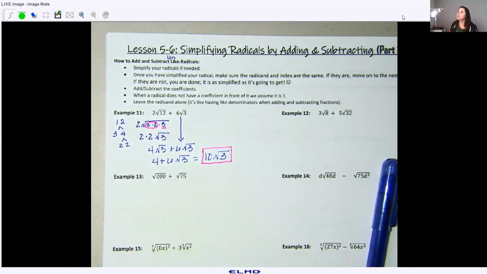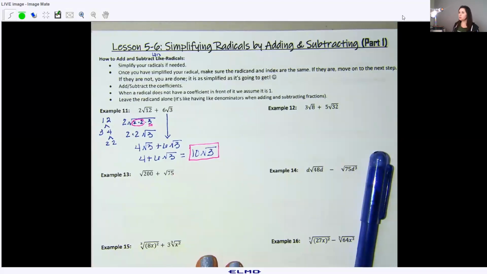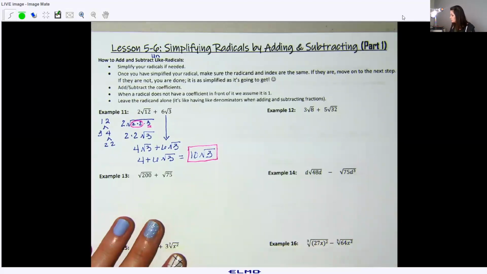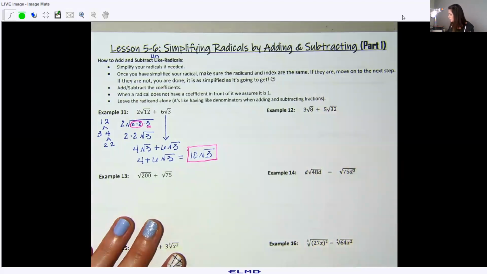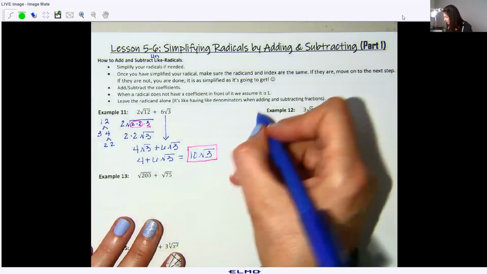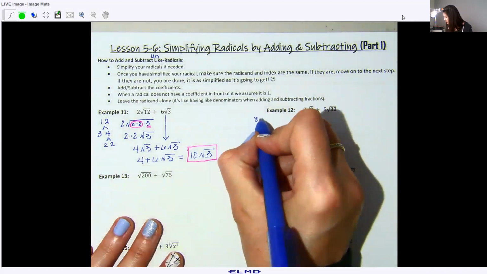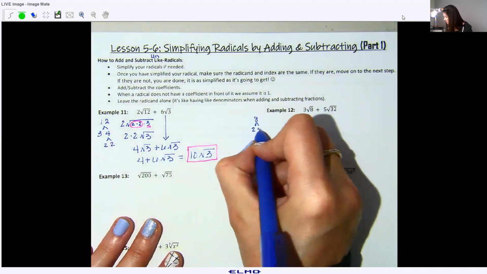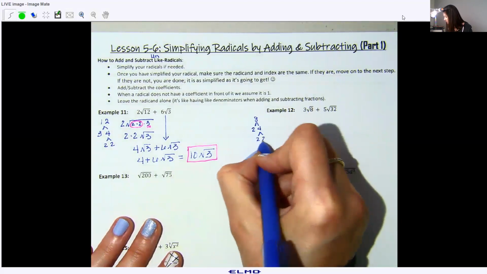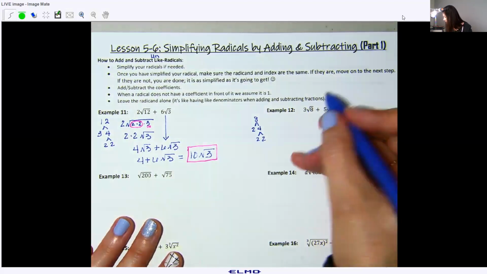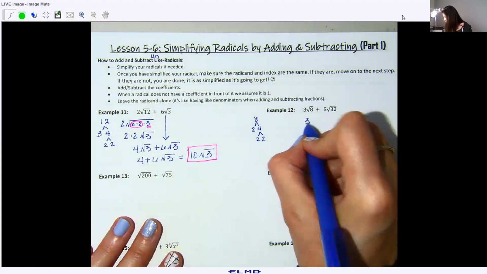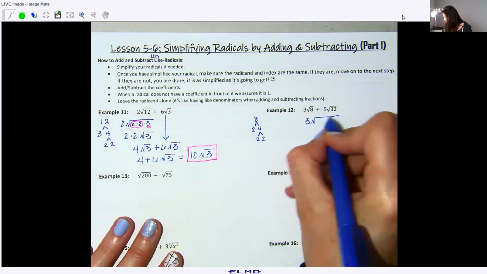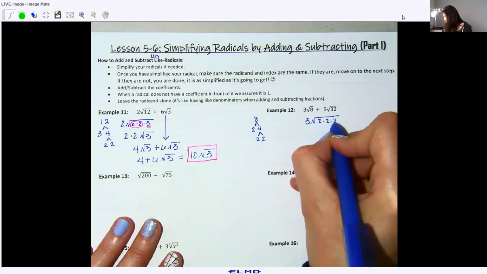Okay. So going on to example number 12, 8 and 32 can both be factored out. So that's what I'm going to do with both of those. So we're going to start with 3 square root of 8. And I'm just going to take my 8 and factor it out. So then this becomes 3, and then 2 times 2 times 2.